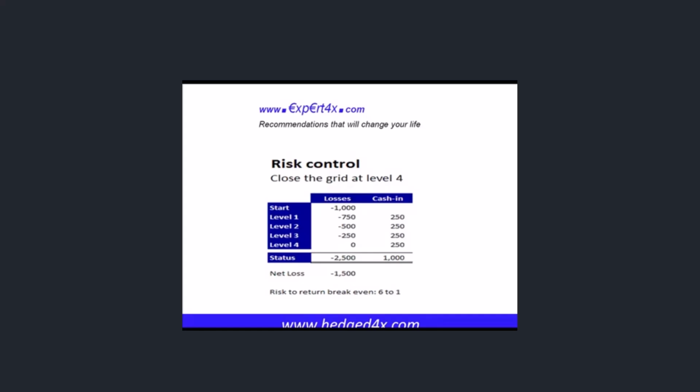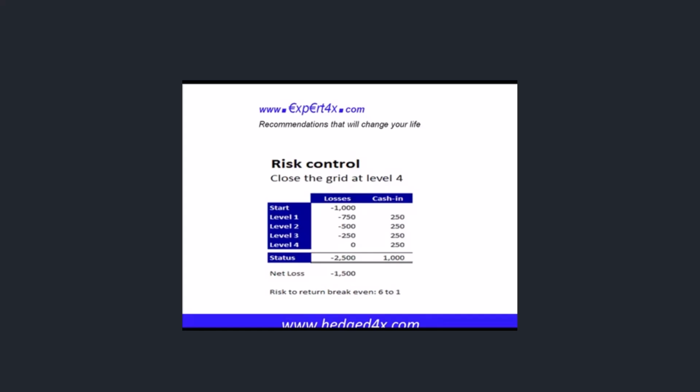And using the previous example, if the price had to reach the fourth level, which is 1,000 pips from your start, your first level loss would be 700, your second level loss would be 500, your third level loss would be 250, and your fourth level, because you've just reached there, will have no loss.